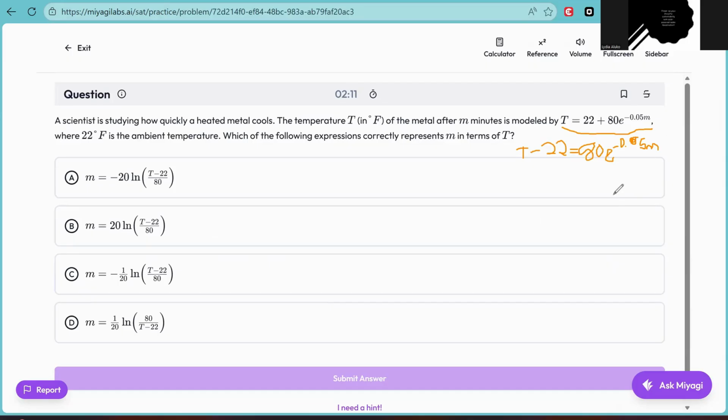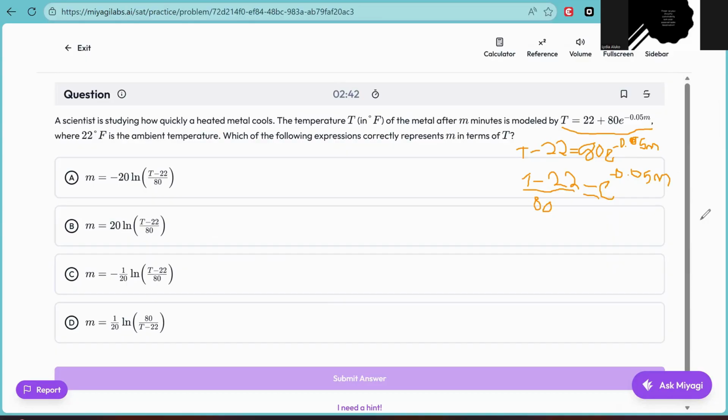So now we want to divide both sides by 80. So now we're going to have the equation T minus 22 divided by 80 equals e to the negative 0.05M.